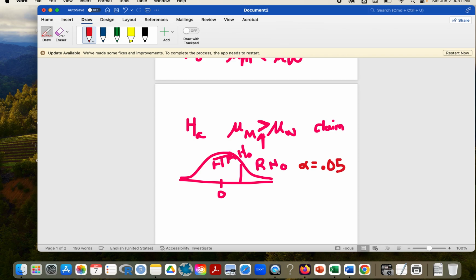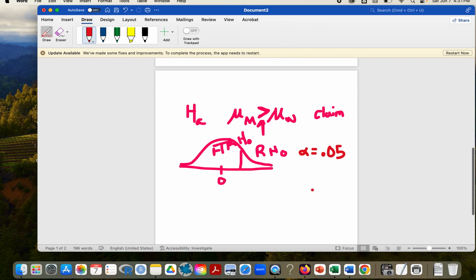Now I'm going to do INVT 0.05, degrees of freedom of 48. I'm going to hit paste, hit enter, and I get negative 1.67. Now notice this is to the right side, so I just change it to 1.67 because the distributions are symmetric.